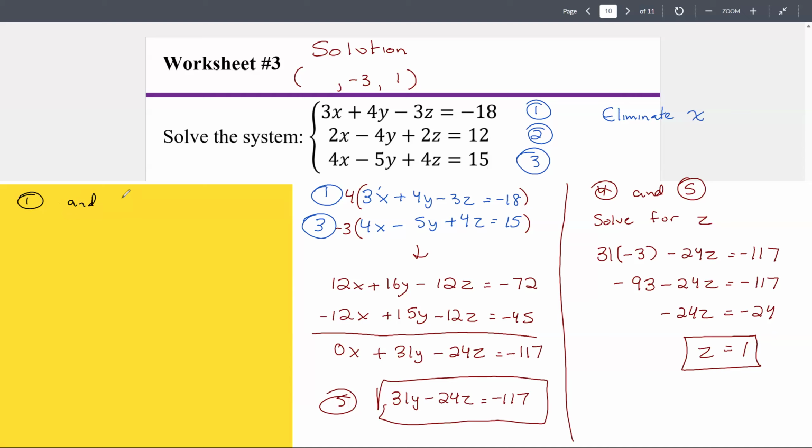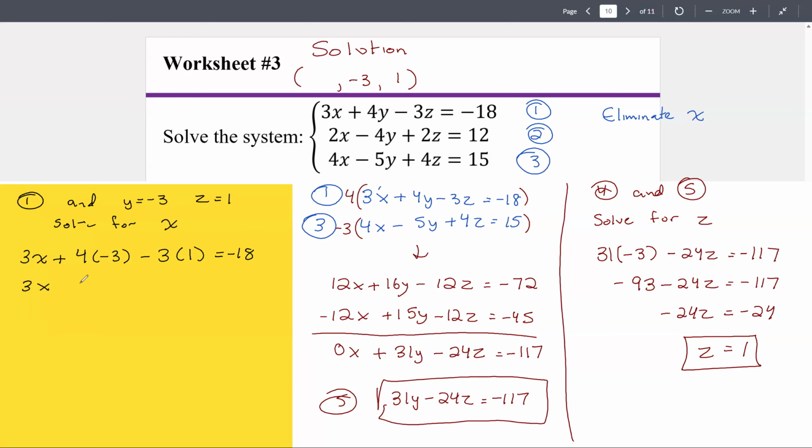So we're going to use 1 and that. Sorry, my thing is starting to wear out here. Y is negative 3 and z is 1. And we're going to solve for x. So we have 3x plus 4 times negative 3 minus 3 times 1 equals minus 18.